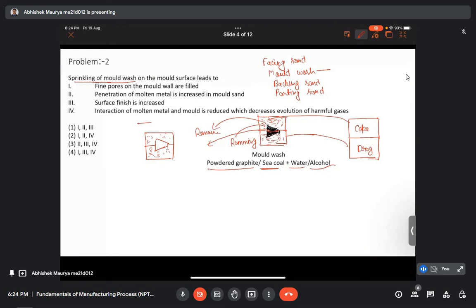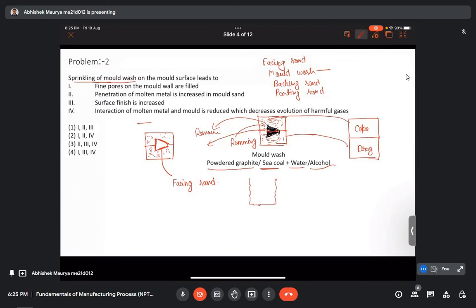But what happens if we see in this region, the mold wall is made up of facing sand, but with facing sand sometimes the surface finish is not very good.